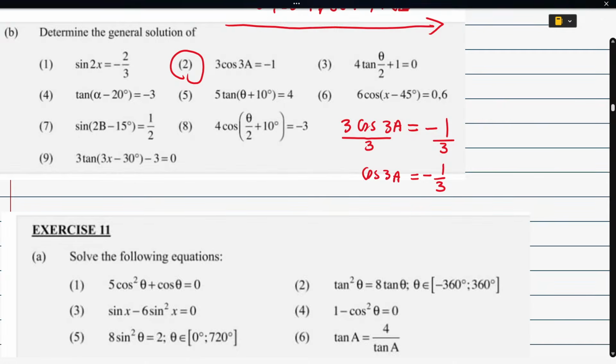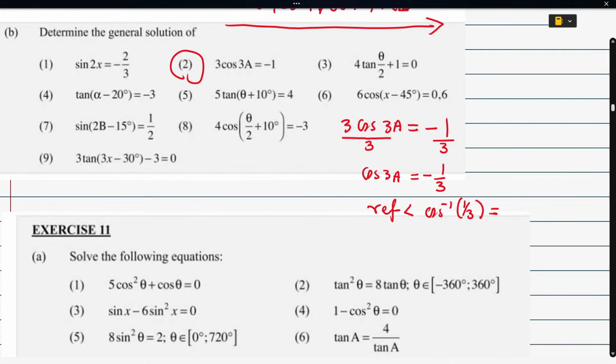Now, whenever there is a negative angle, you need to get the reference angle. The reference angle is arc cos 1/3.